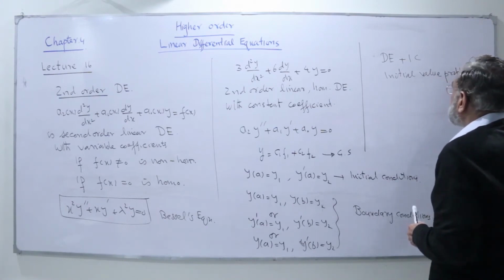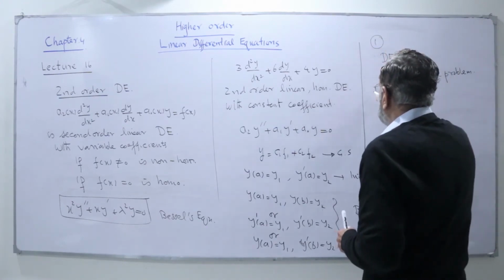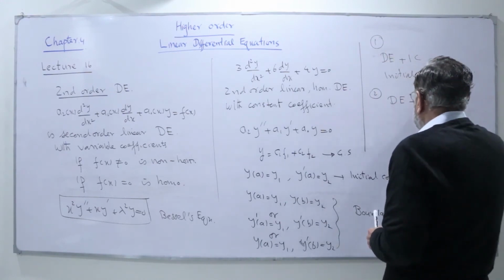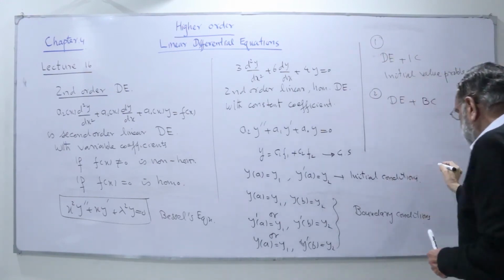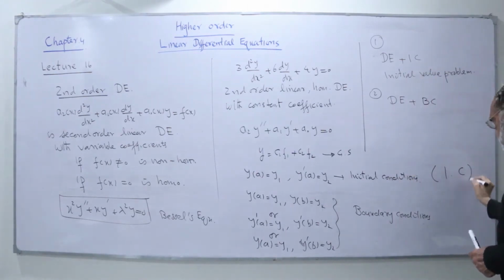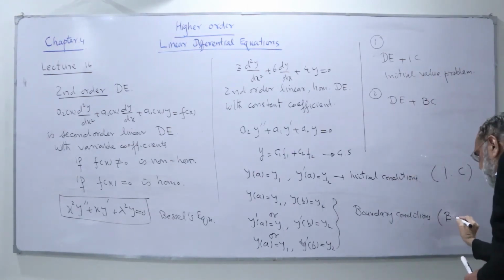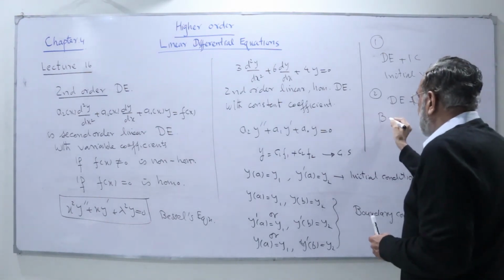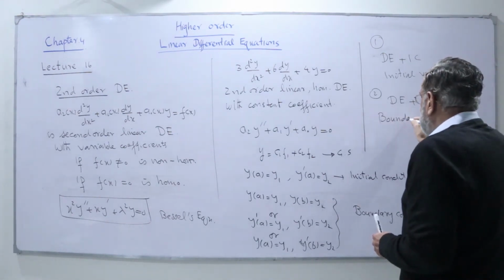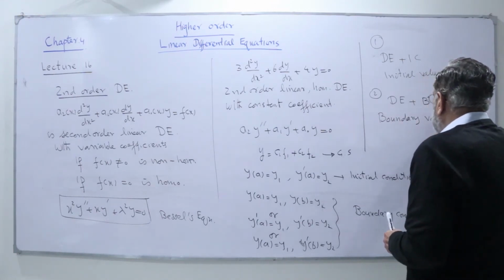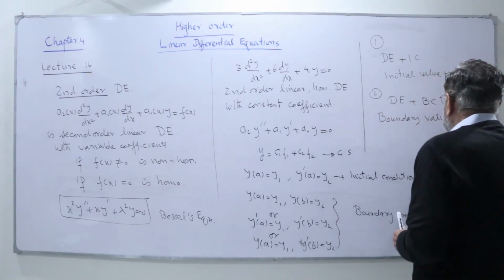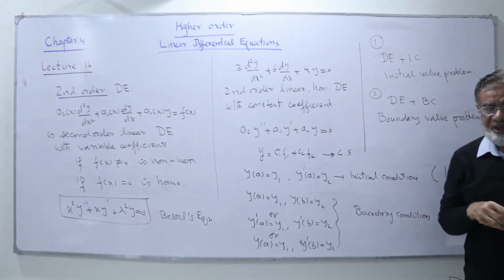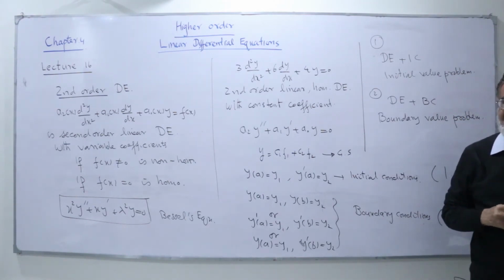Number 2, the second case is where we have a differential equation and boundary conditions. This we call a boundary value problem. So that's the main class of problems in differential equations: initial value problem and boundary value problem.